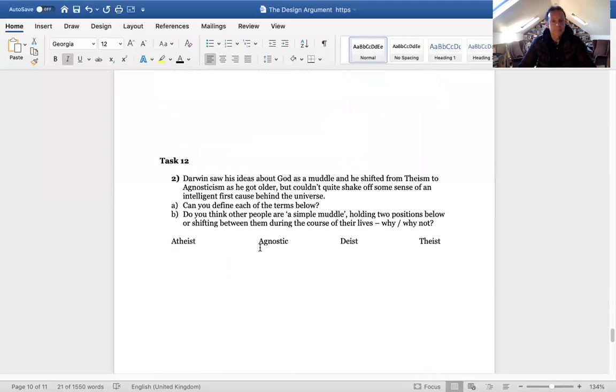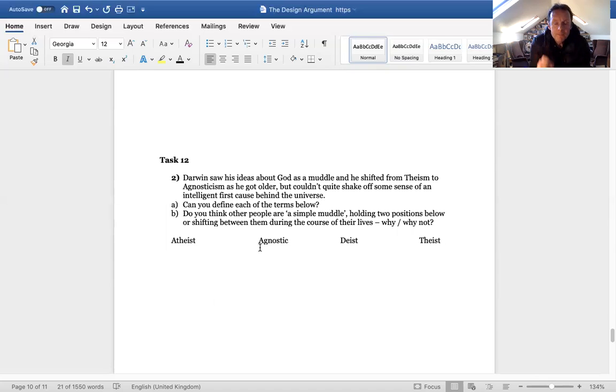And finally, task 12. Darwin saw his ideas about God as a muddle, and he shifted from theism to agnosticism: from belief in a personal God, a creator God, to "I don't know." There's not sufficient evidence, and so we should just keep an open mind and not necessarily be dogmatic atheists or dogmatic theists, just say there's insufficient evidence to judge either way.